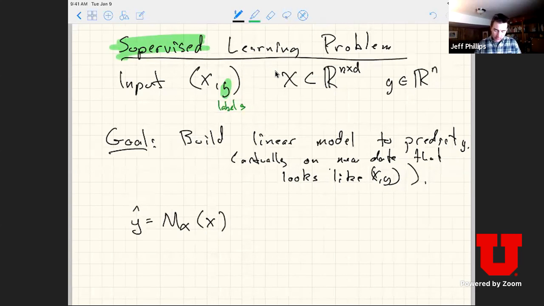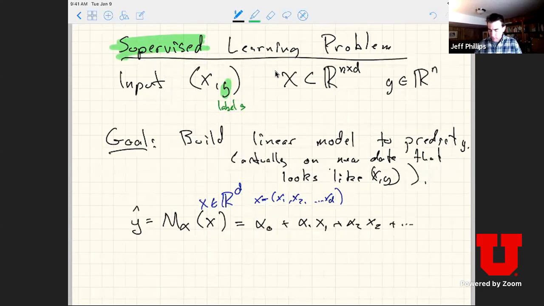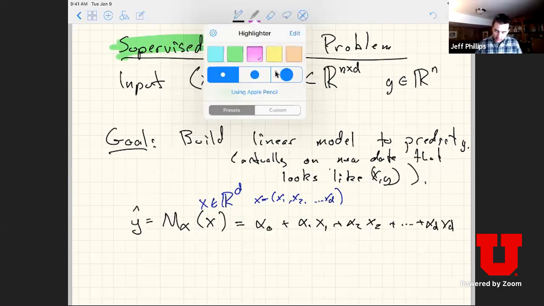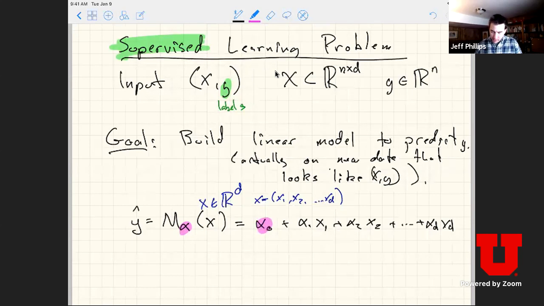It takes in a value X. This X is in R D. This is a D-dimensional input, and it's going to be alpha 0 plus alpha 1 X1 plus alpha 2 X2, up to alpha D XD, where X equals X1, X2, up to XD.